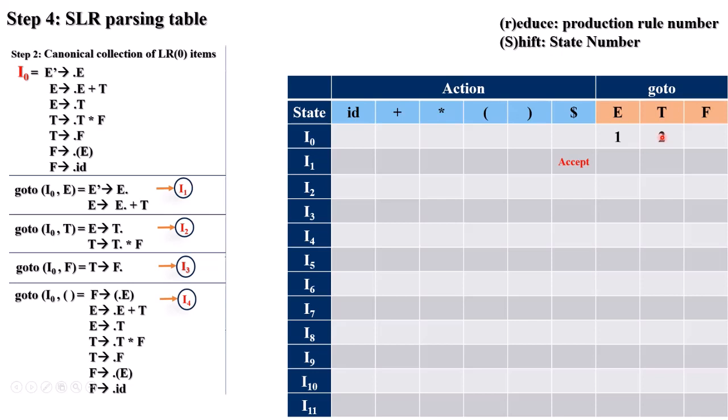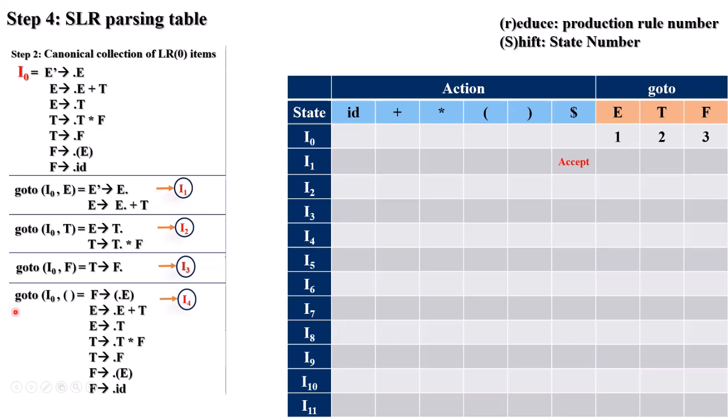But if we get I2 in the action table in terminals, we have to write S2, shift 2. What is our next? Go to I0 F. I0 F, what we get? I3. We get I3, so we have to write here only the number 3.